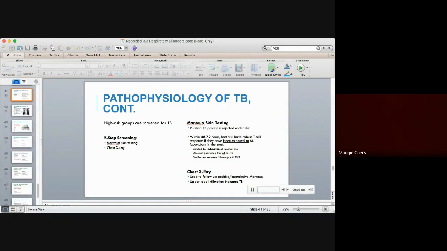Anybody who's at high risk needs to be screened on a regular basis, and this is done by a 2-step process. It's a Mantoux test. So we do a 2-step screening. First, we provide a Mantoux skin test, and what we look for with this is the induration. If it's over a certain diameter, that would be a positive Mantoux test.